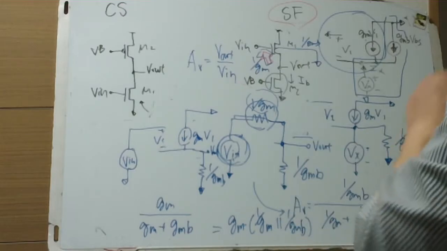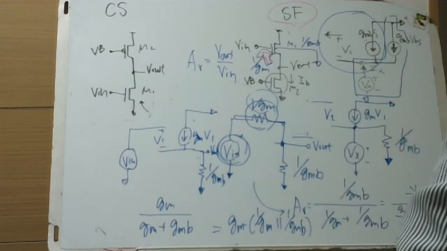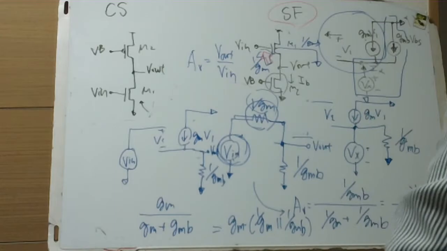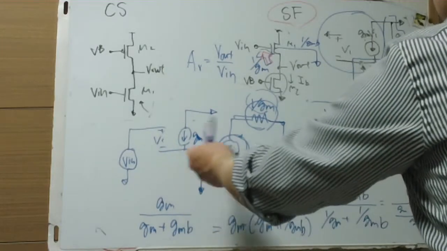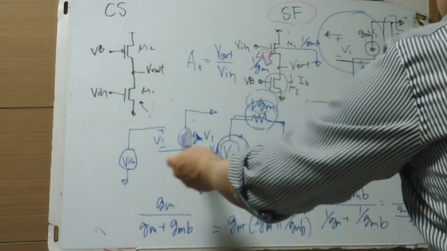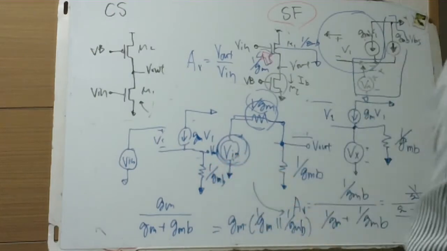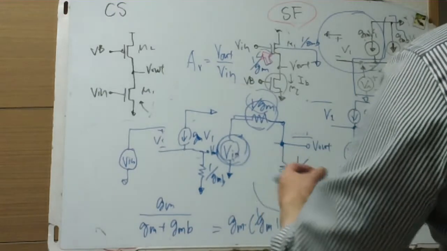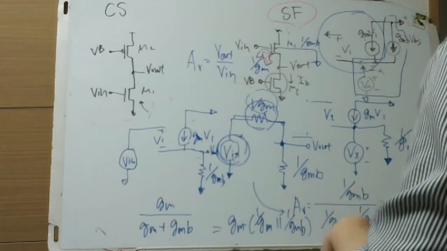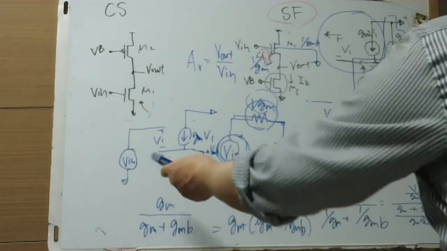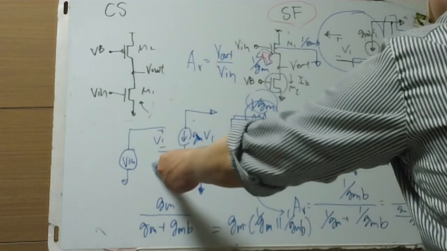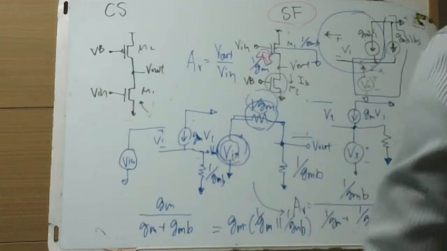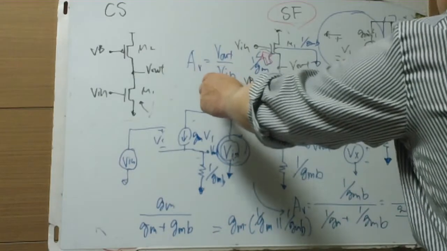But I had been in trouble finding out how to change from here to this, and one day I realized that the textbook is right, and we need to go from here to there to get V out over V in.